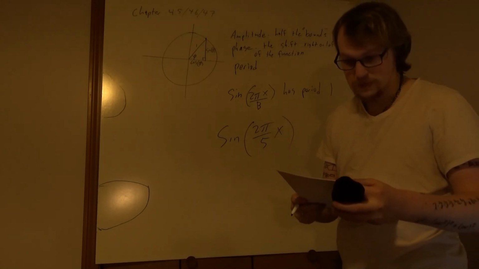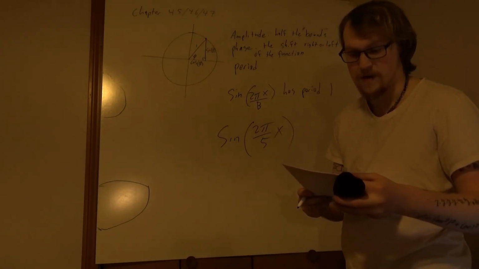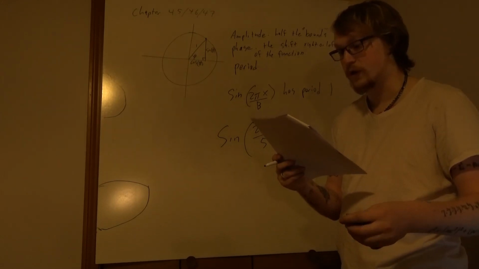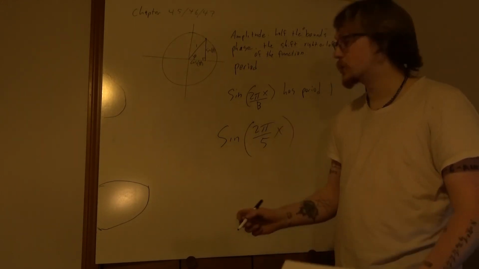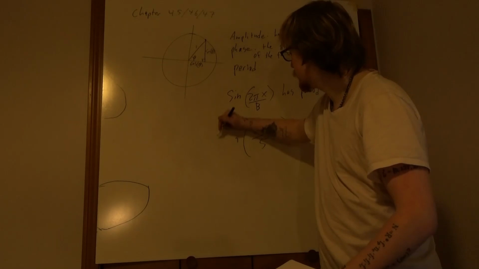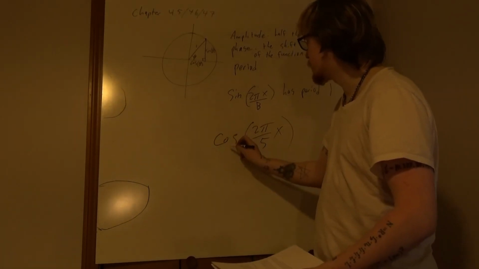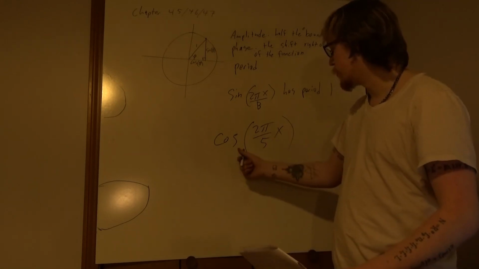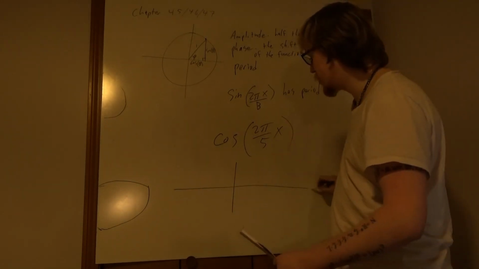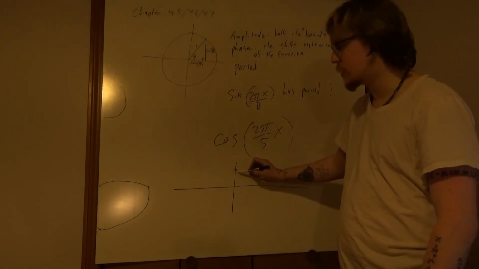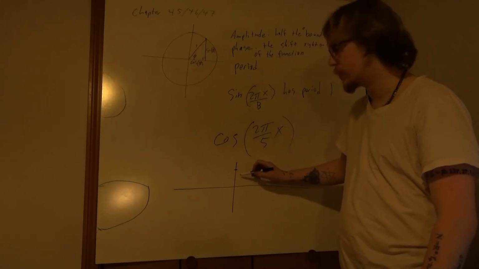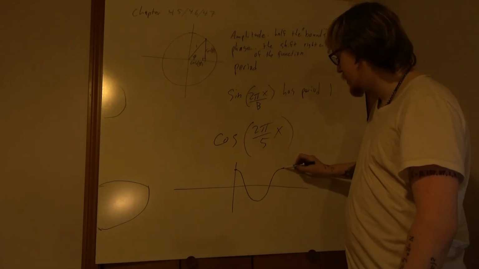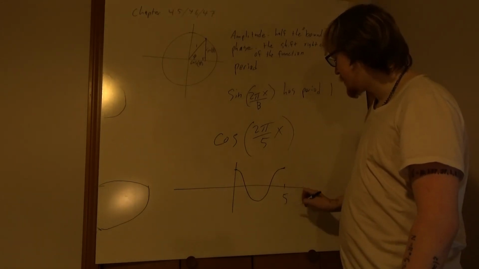And I believe on the next page I actually have that plotted. Oh, I used cosine. Alright, that's fine. When it's cosine, it's exactly the same formula. You obviously just switch sine for cosine. And when we do this, we should get a function which has its first peak at 0, like cosine always does, and then the next time it reaches a peak, right here, is going to be at 5.